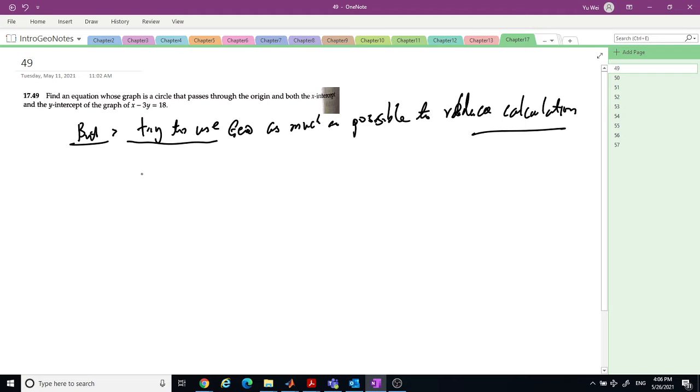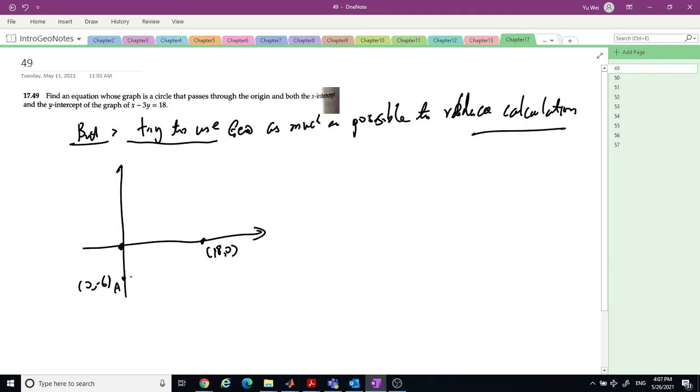So we want to find the equation whose graph is a circle, passing through the origin and both the x-intercept and y-intercept of this graph. So y equals 0, so the x-intercept is 18, and x equals 0, then the y-intercept is negative 6.